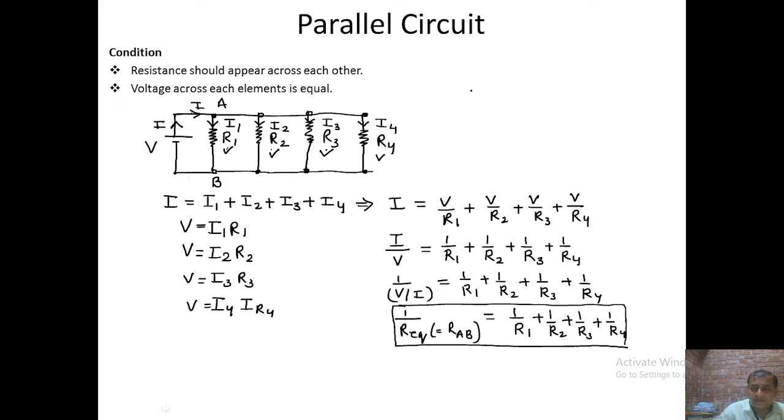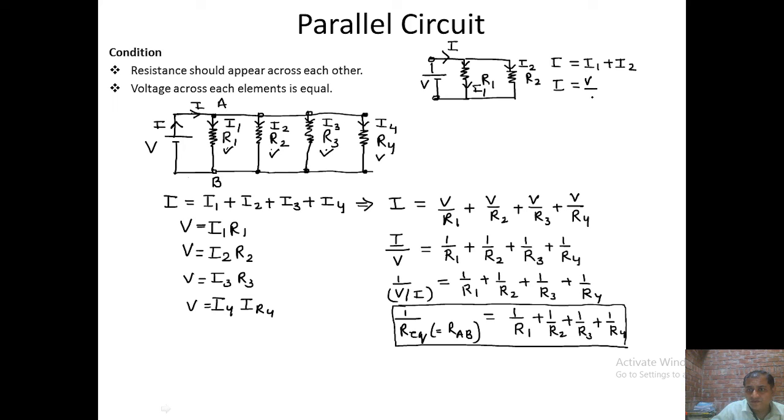If two resistors are connected in parallel, the formula is as follows. This one is R1 and the next resistance is R2. These are in parallel with a voltage V applied across them. So what is the overall current? The current is I is equal to I1 plus I2, where I1 is V by R1, the current in the branch of R1, and I2 is V by R2, the current in the branch of R2.